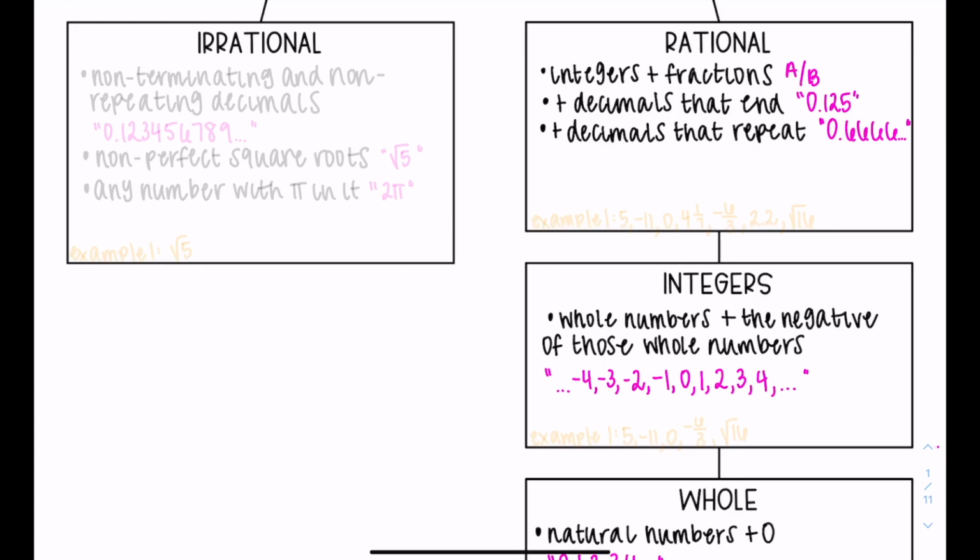So if a number is not rational, then it falls into the irrational category. So things in this category would be non-terminating and non-repeating decimals.